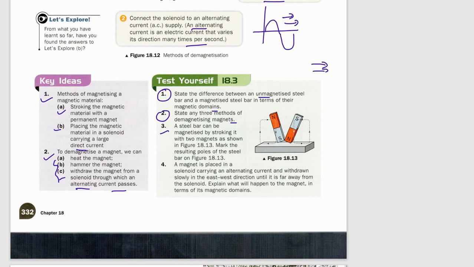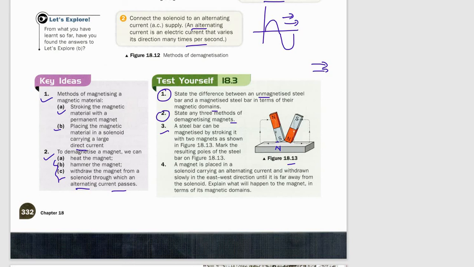Now question number 3: a steel bar can be magnetized by stroking it with two magnets as shown in figure 18.3. Mark the resulting poles of the steel bar on the figure. If this is the steel bar which we are stroking, and this is the south, it means this will be the north side, correct?